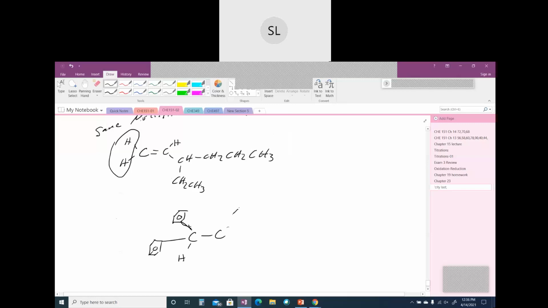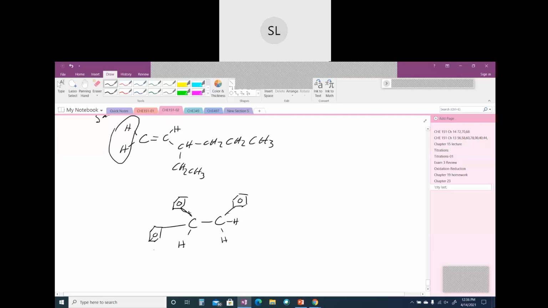So you have to draw 3 benzene rings, 2 of them connected to the first carbon, and 1 of them connected to the second carbon. That is your triphenyl ethane.